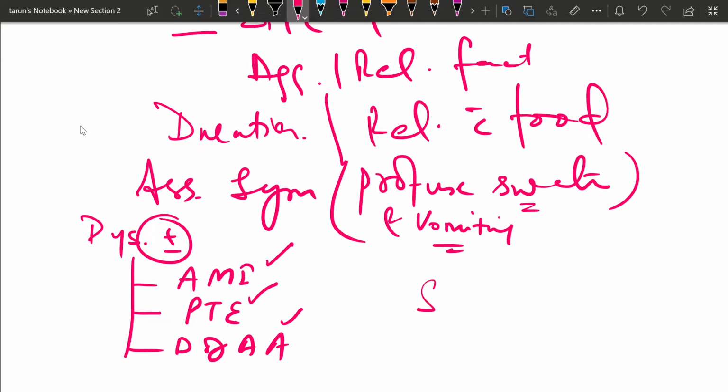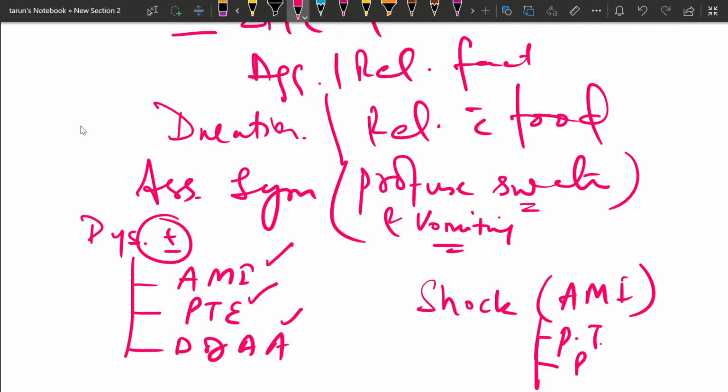And we also see whether the patient is in shock or not. For example, in acute myocardial infarction, patient can go into cardiogenic shock, and in conditions like pneumothorax, patient can go into shock. In pulmonary thromboembolism and tension pneumothorax, acute myocardial infarction, the patient can go into shock.